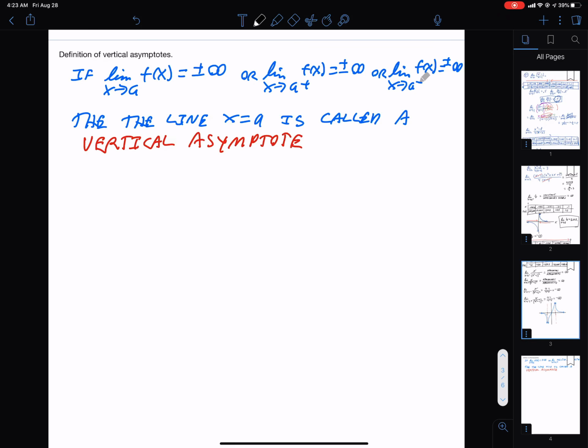This should make sense if you understand limits, you understand the infinity and the process we went through. So you will have a quiz in the future on definitions, and this is one of the definitions of vertical asymptote. There are AP test questions where we'll have this, and you will have to conclude like choice A, there's a vertical asymptote, x equals A.